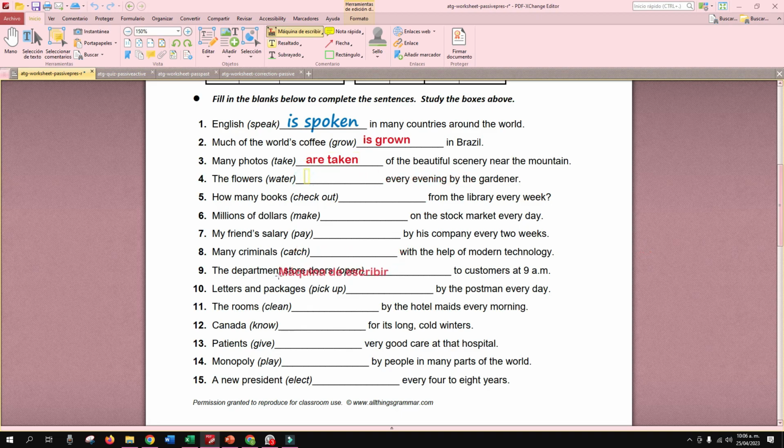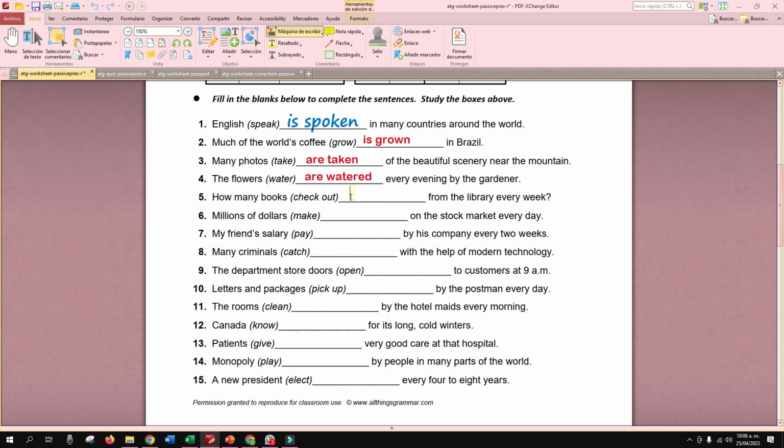What about number 4? The flowers. What do you have though? The flowers are watered. That is the past participle form, right? Every evening by the gardener.